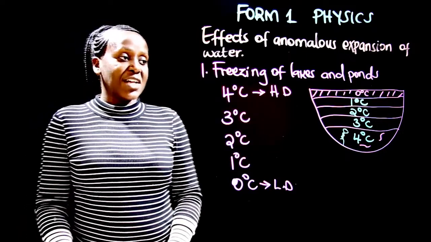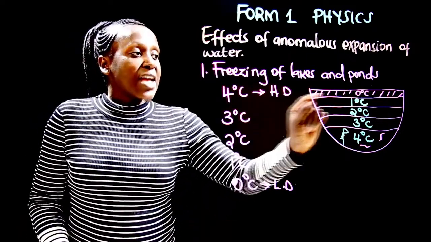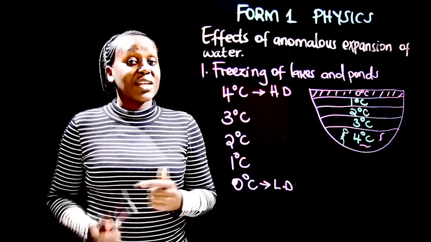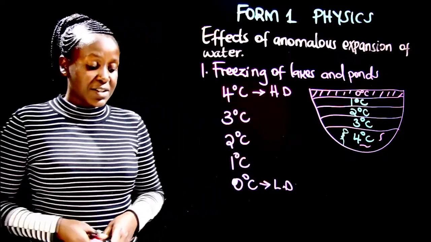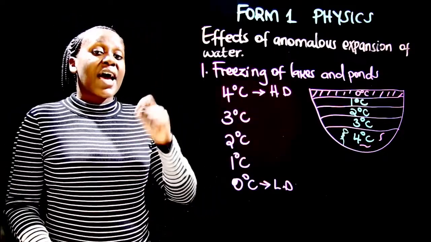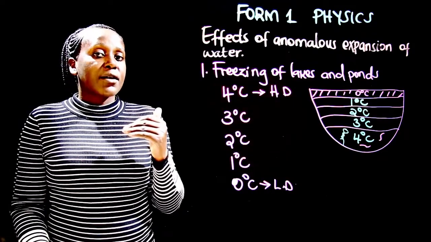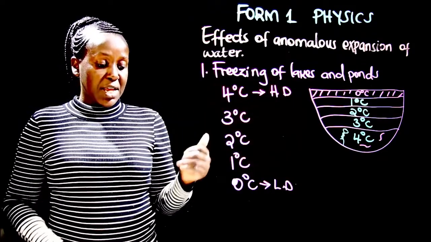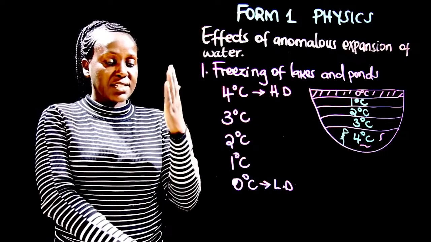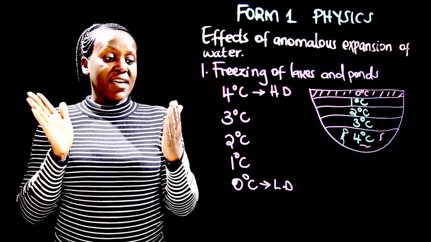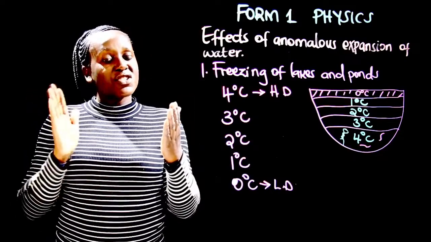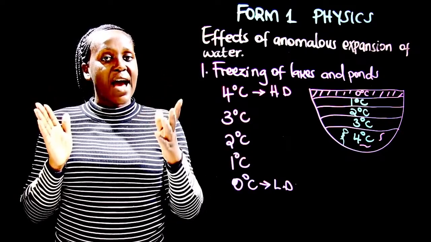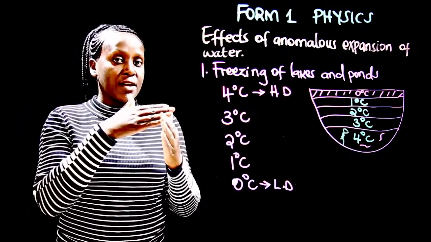Now here is another advantage. When ice is floating at the top, later as we continue to learn physics, you are going to realize that ice is a poor conductor of heat, meaning that if you have ice here and heat here, the person on the other side will not receive the heat because ice does not pass heat.